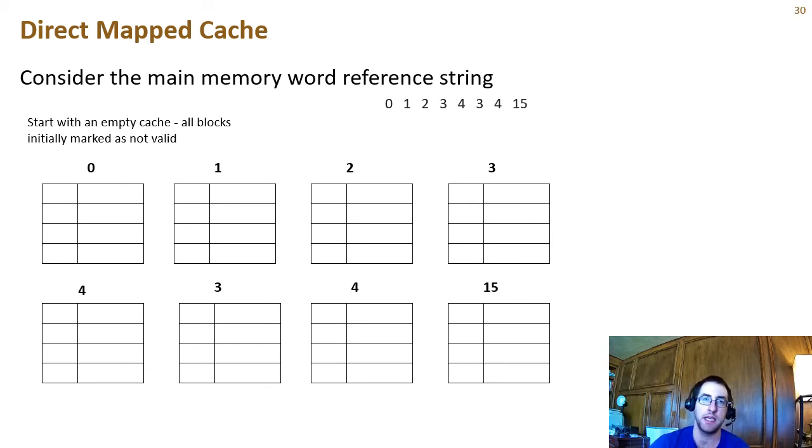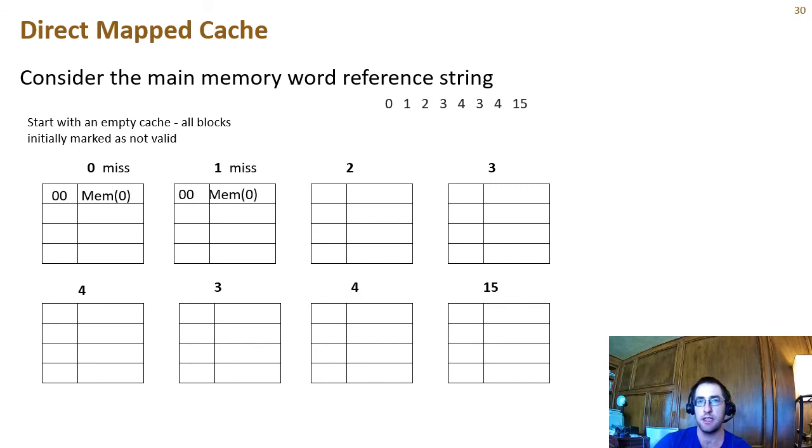So if we have an empty cache initially and all the blocks are not valid, when we access address 0, it's a miss, and we put the tag of address 0, which is just 0 0, and the value of memory at location 0 into the cache. And we put it in the first row of the cache because the index of address 0 is 0.